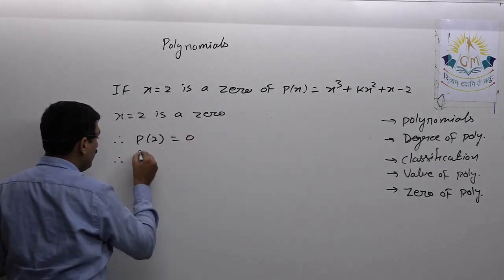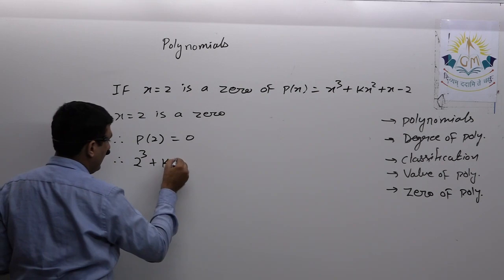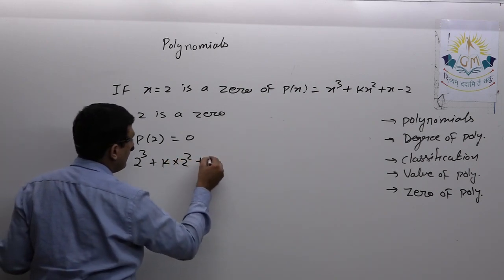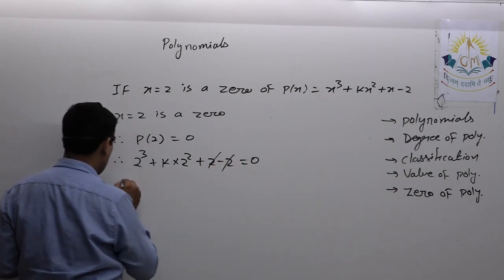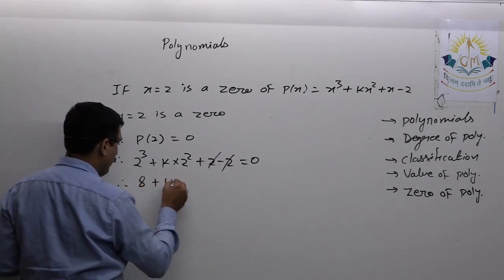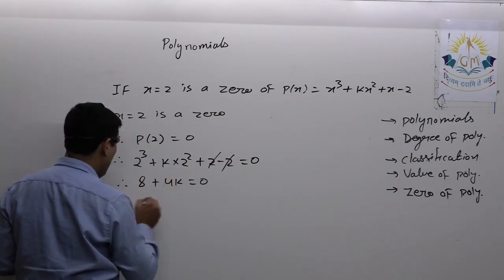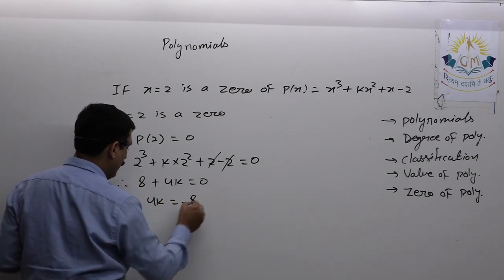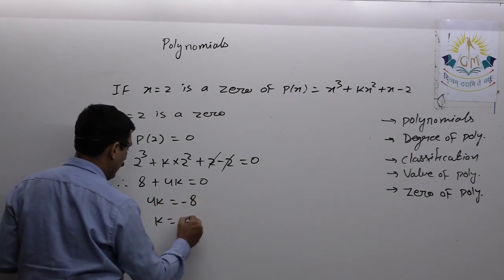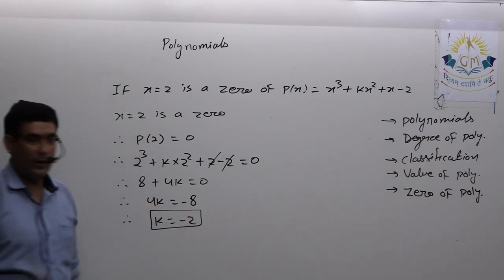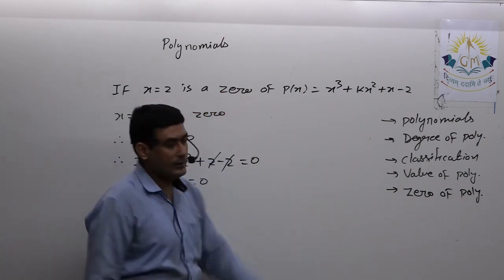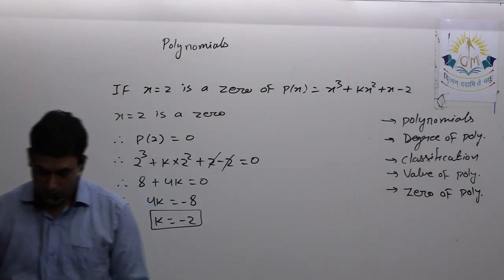That means 2 cube plus k into 2 square plus 2 minus 2 is equal to 0. This will cancel out. 8 plus 4k is equal to 0. 4k is equal to minus 8, and hence k equal to minus 2. So in this way we will find the value of the unknown if this type of condition is given.